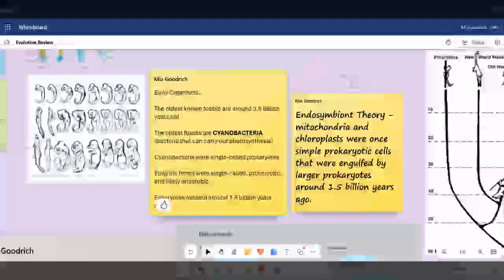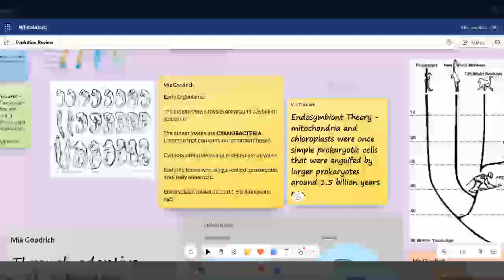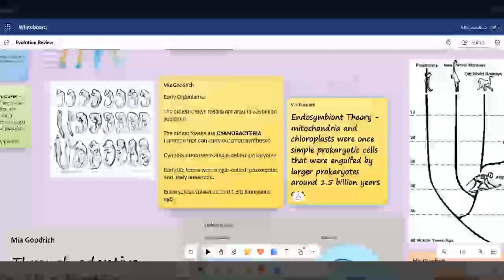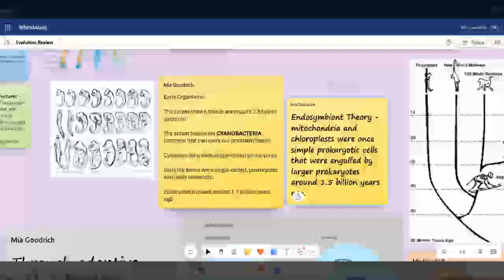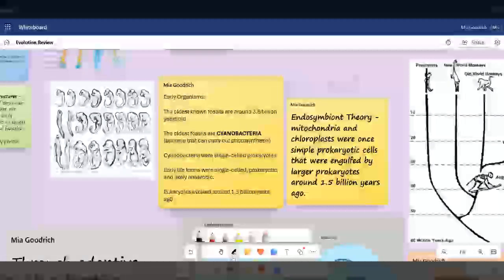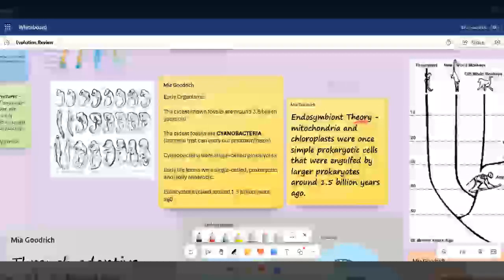All right. So there is a theory called endosymbiont theory that mitochondria and chloroplasts were once simple prokaryotic cells that were engulfed or swallowed by larger prokaryotes around 1.5 billion years ago. Okay, so this theory here, endosymbiont theory, is basically trying to explain how eukaryotic life emerged.